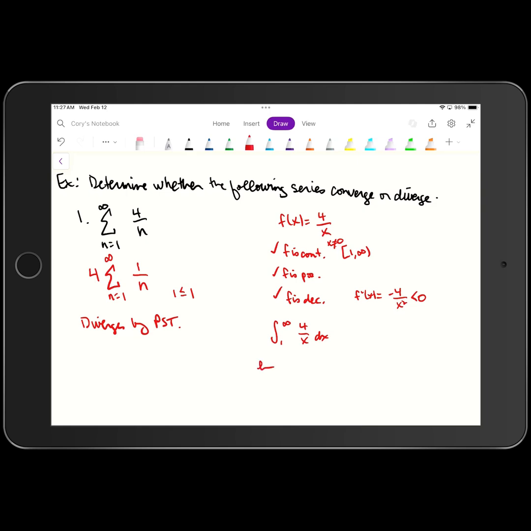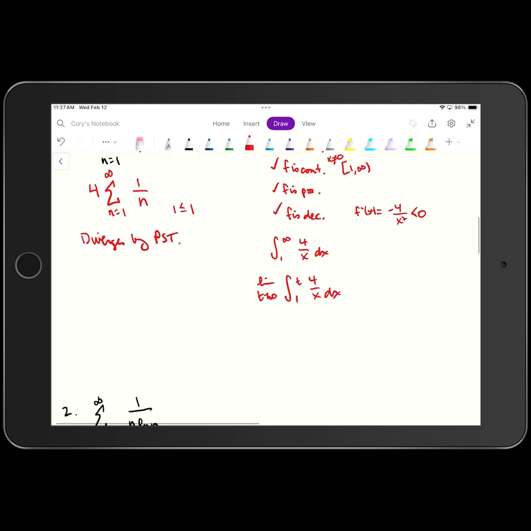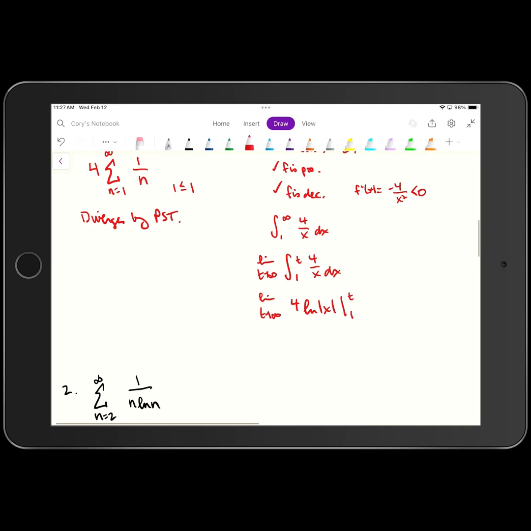So I'm going to rewrite this as the limit as t goes to infinity of the integral from 1 to t of 4 over x dx. The antiderivative of that is going to be 4 times the natural log of the absolute value of x, which we're going to evaluate at t and at 1.